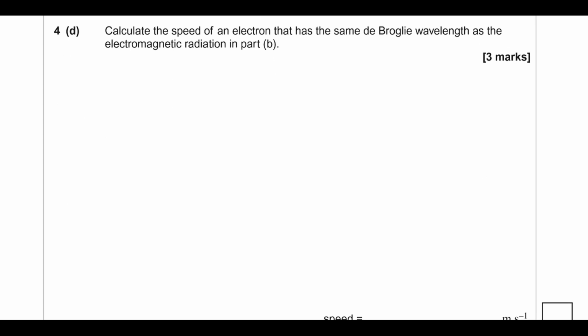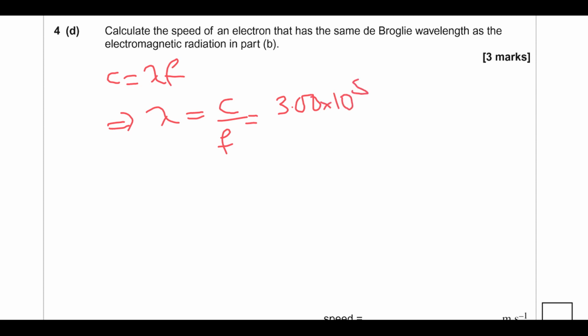So we first need to work out what the wavelength is. We're going to use the wave equation for that. So the wavelength was c over f. So that's 3.00 times 10 to the 8, and the frequency was 1.24 and so on, times 10 to the 15.